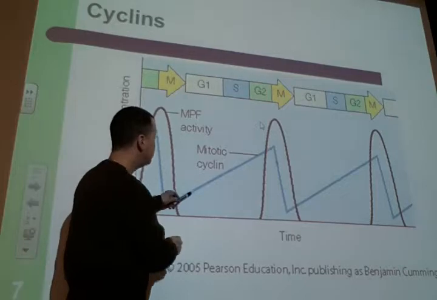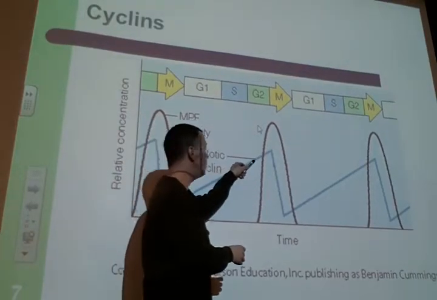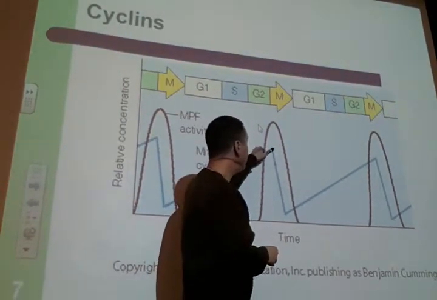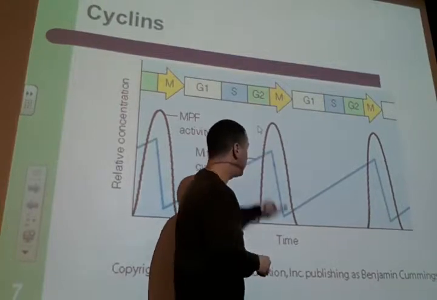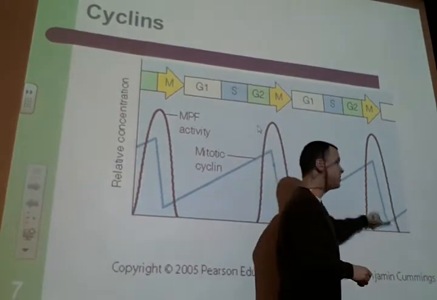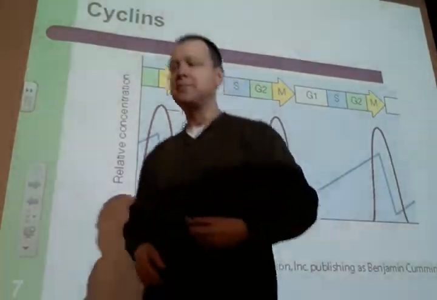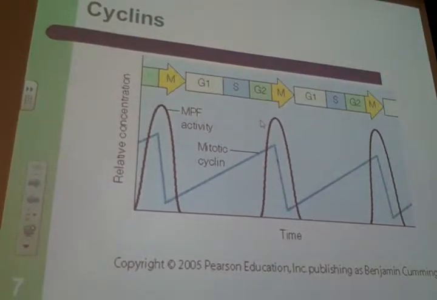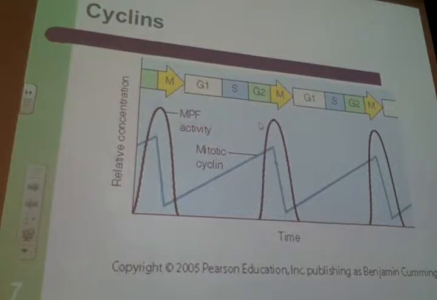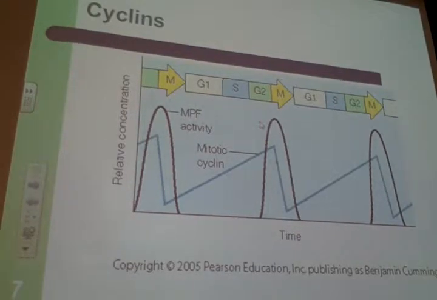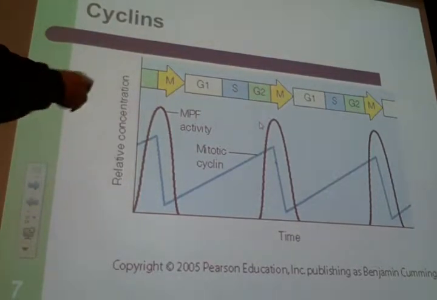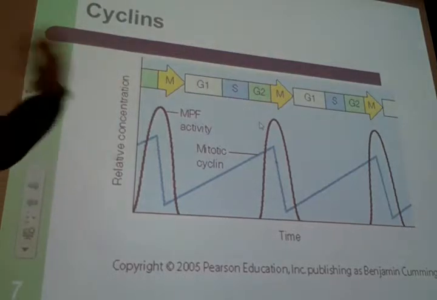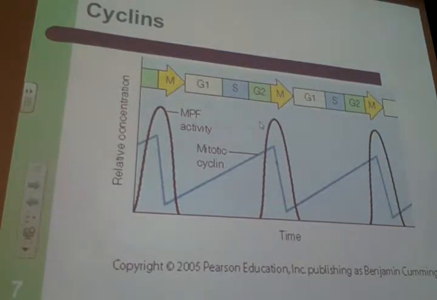Then as the cell goes through G1, S, G2, it's increasing, it hits the M phase at its peak, and then goes back down. So it cycles, hence the term cyclin. So that seemed pretty interesting, that we have this protein that they can monitor, that in this particular one peaks at the M phase, so this one is probably important for division.